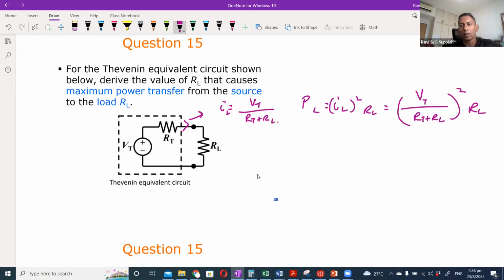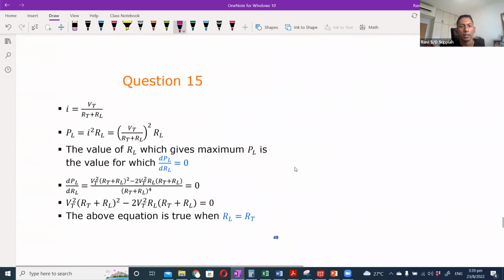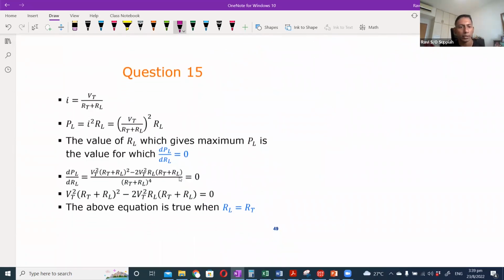All right. Now, I think most of you know the differentiation rule, correct? If I differentiate the power with respect to the variable, in this case RL, and let it equal to 0, that is where I can find the maximum. Again, this is just to show you how it is derived. The derivation is shown here.